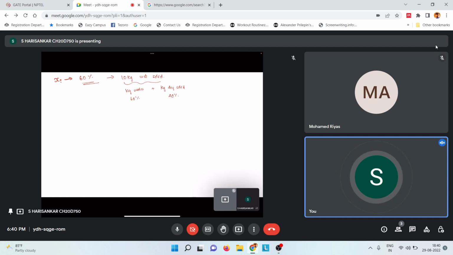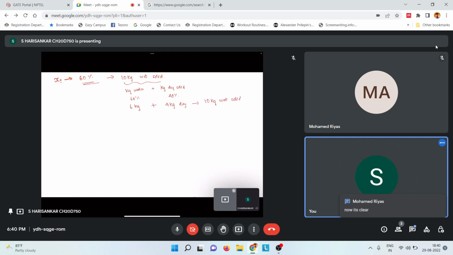So how much will it be? Okay. It will be 6 kg of water plus 4 kg of dry solid. So together it will have 10 kg of wet solid.